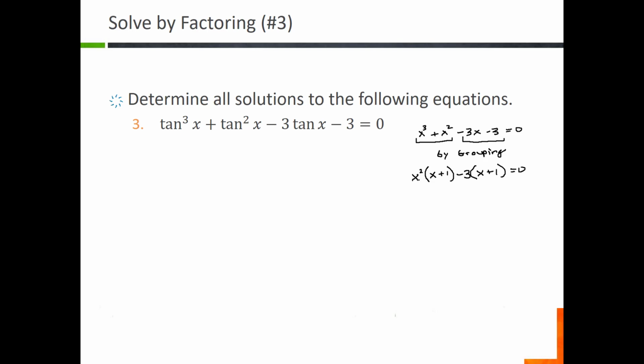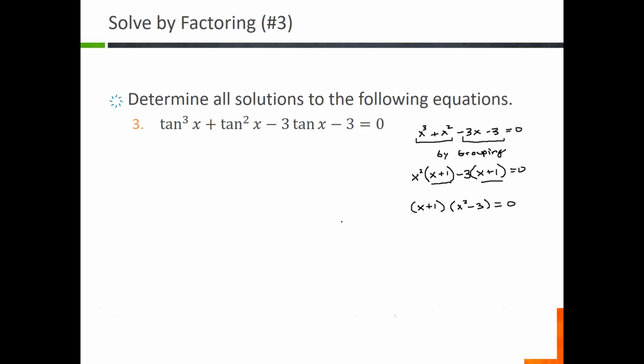We have the x squared times x plus 1, and then we have the minus 3 times another x plus 1. Well, those x plus 1s are common factors, so we can pull those out front just like we did before. So we're going to pull out an x plus 1, and we're going to be left with an x squared minus 3. And that will all be equal to 0.